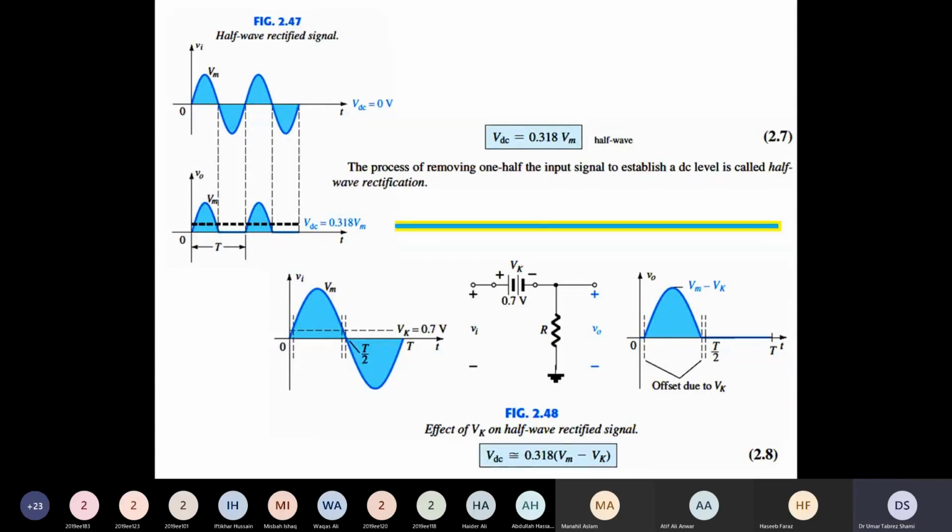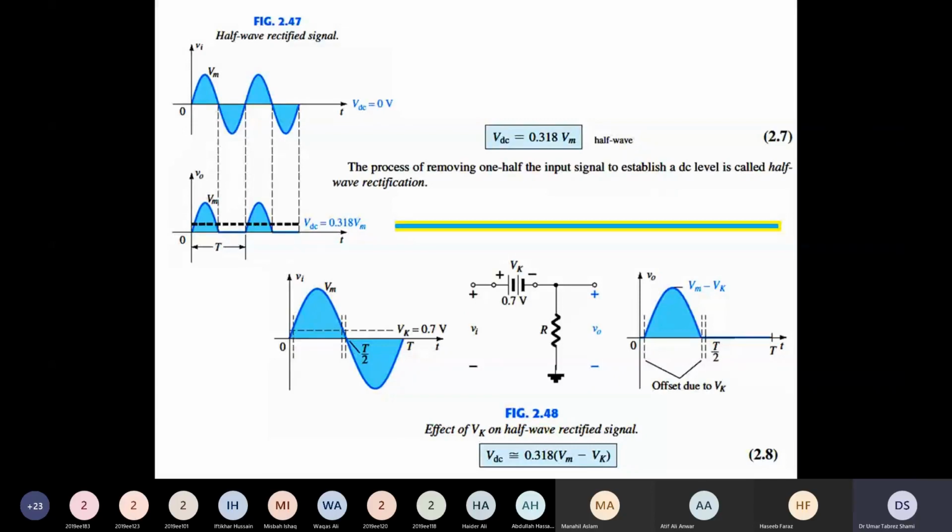And while discussing the practical diode version, we observed that there are two major differences, which is the offset voltage and the voltage drop. If the voltage input is very large as compared to the potential drop, the barrier voltage drop of the diode, then these changes can be ignored.